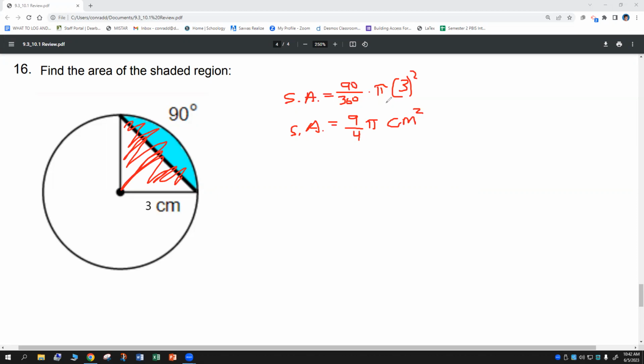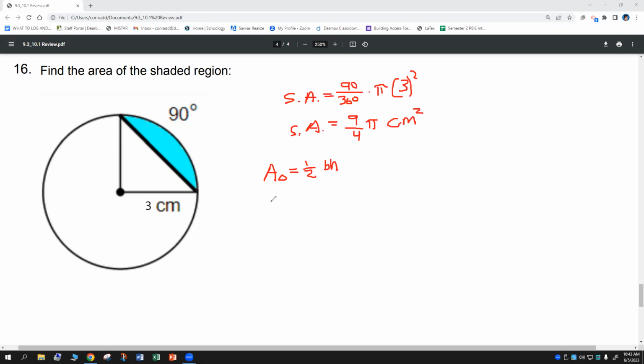Okay, but we don't want the whole area. We don't want the area of that whole section. We just want the area of the shaded region. So we need to subtract the area of the triangle. All right, so let's find the area of the triangle, which is 1/2 base times height. Since this radius is 3 centimeters, all the radiuses on the circle are 3 centimeters.